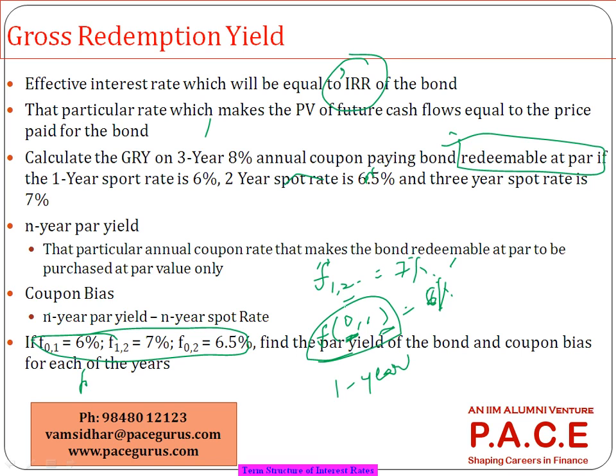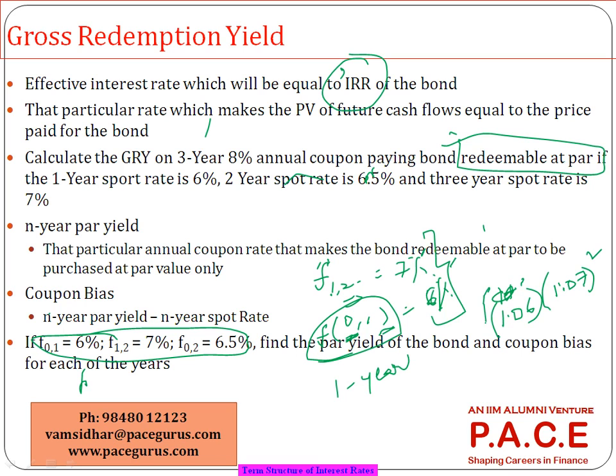2 year rate 1 year from now, which is 1 year forward for a 2 year bond, is what is given as 7%. So if I combine these two, actually I'll get a 3 year spot rate. Because how do I arrive at 3 year spot rate here? 1 year spot rate, which is 1.06 into 1 year forward rate for a 2 year period, which is coming out to 1.07 whole squared.